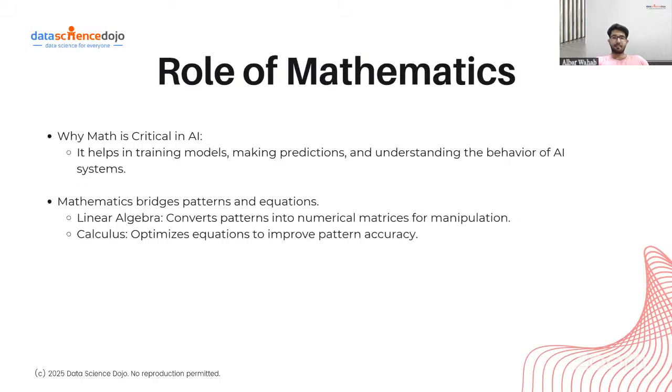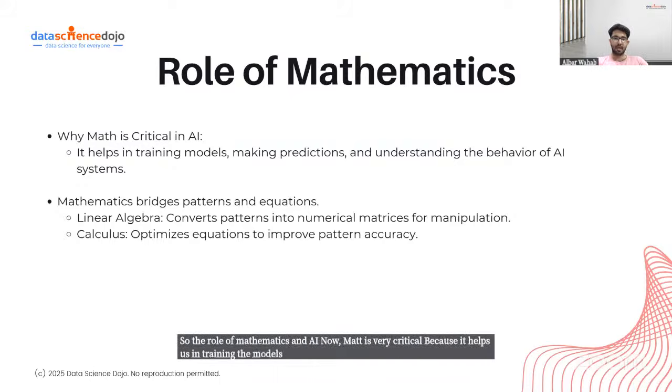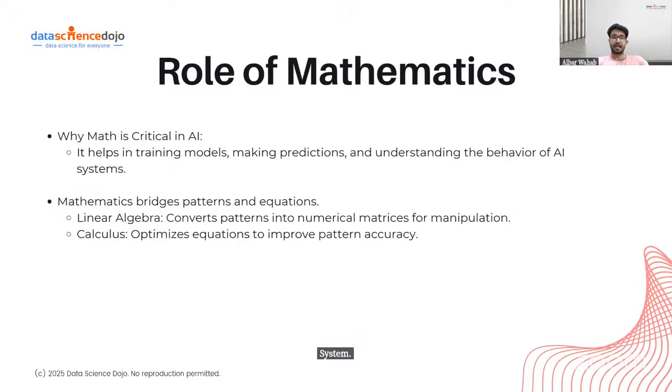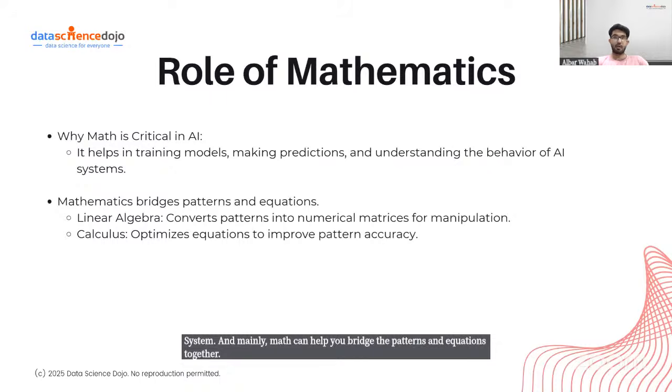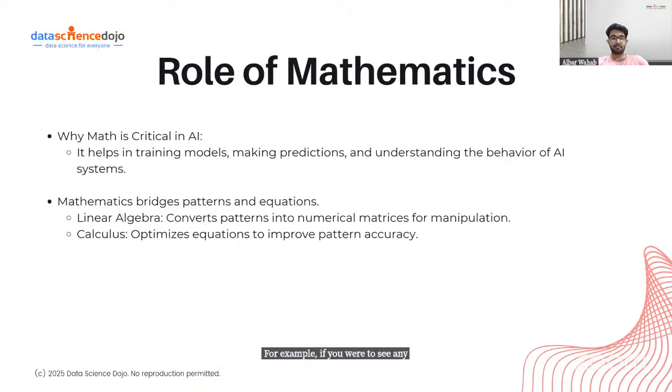So the role of mathematics in AI. Now, maths is very critical because it helps us in training the models, making predictions, and understanding different behaviors of AI systems. And mainly, math can help you bridge the patterns and equations together. For example, if you were to see any sort of pattern present within your data.